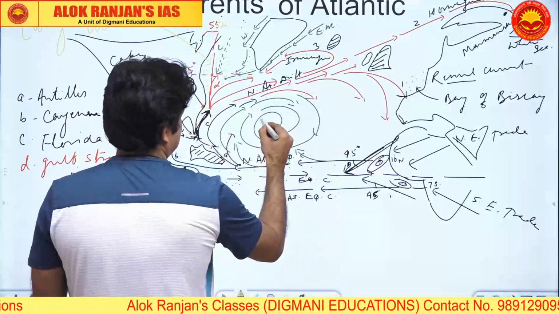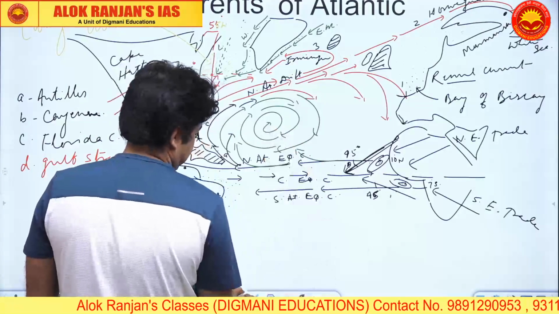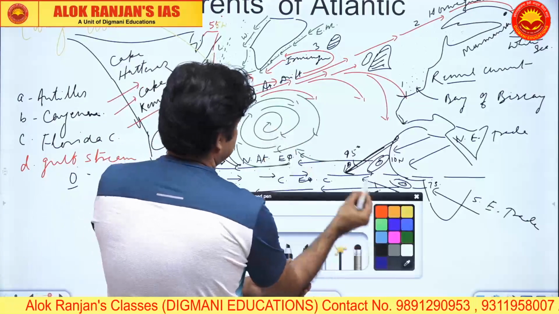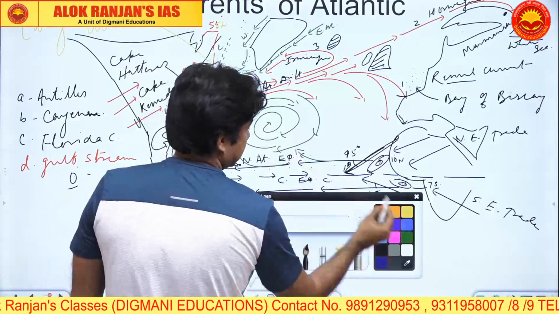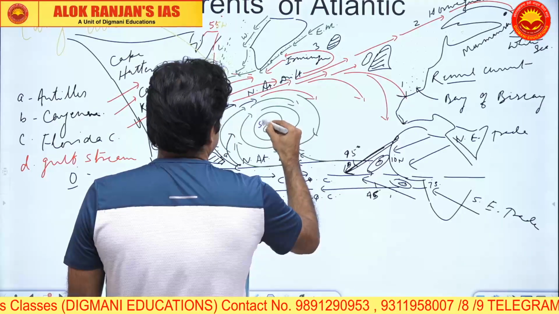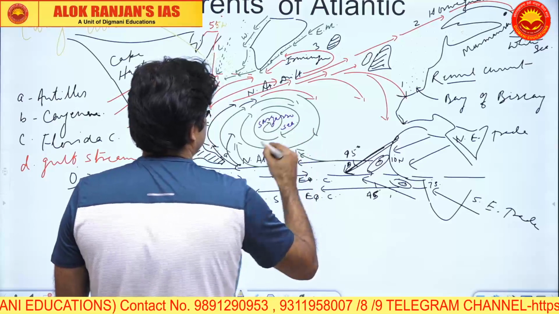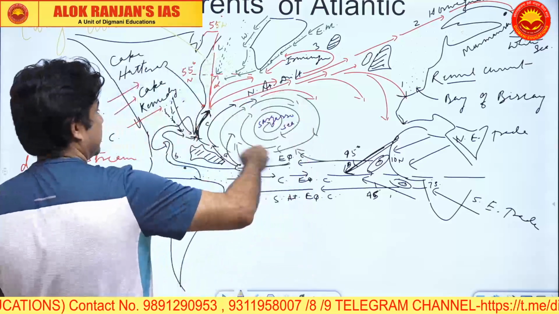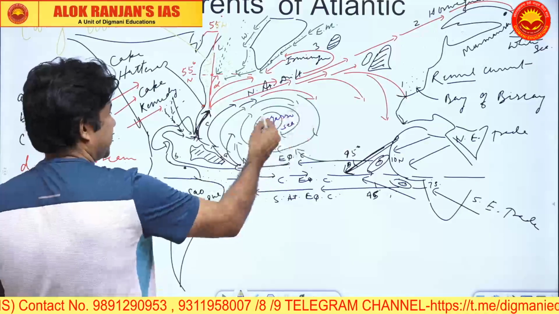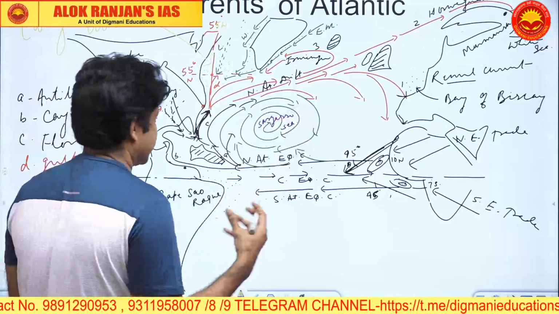And this is your Sargasso Sea. Because of this clockwise circulation of water, the central part will become roughly stagnant.